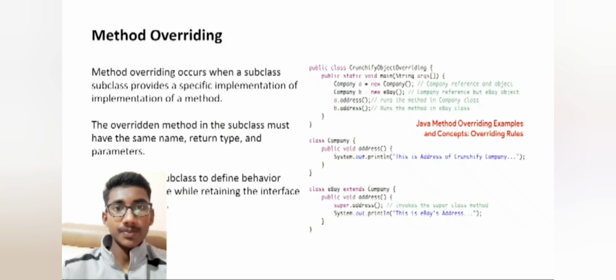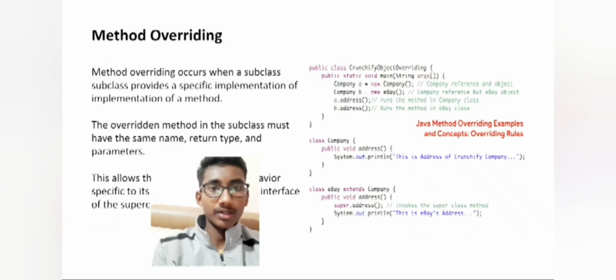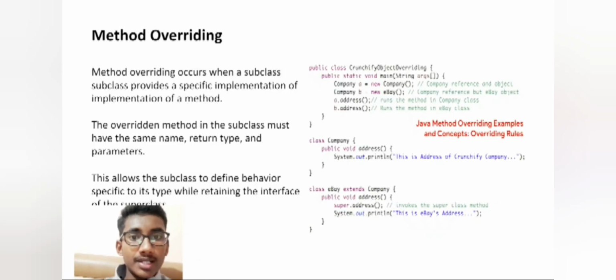Next, we discuss method overriding. Method overriding occurs when a subclass provides a specific implementation of a method. The overridden method in the subclass must have the same name, return type, and parameters.